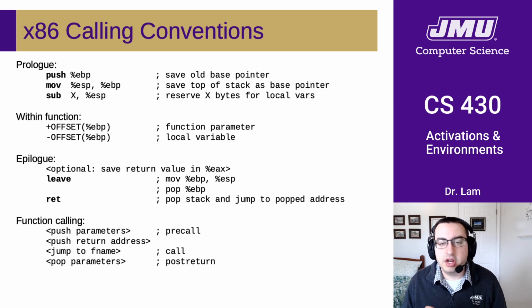And I haven't given specific instructions here because each of these things would expand to multiple instructions. But you would need to push all the parameters onto the stack using push instructions. You need to push the return address and jump to the function, which in x86 is done using a single instruction, the call instruction. And then when you're done, you'll need to pop those parameters off the stack. So hopefully this helps connect what we're talking about this week in 430 with things that you may remember from 261.